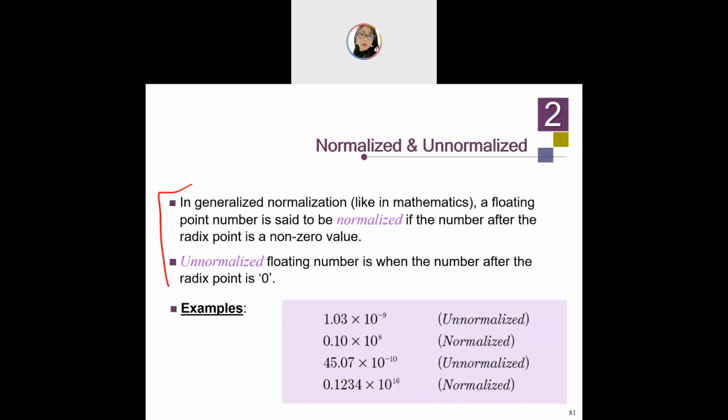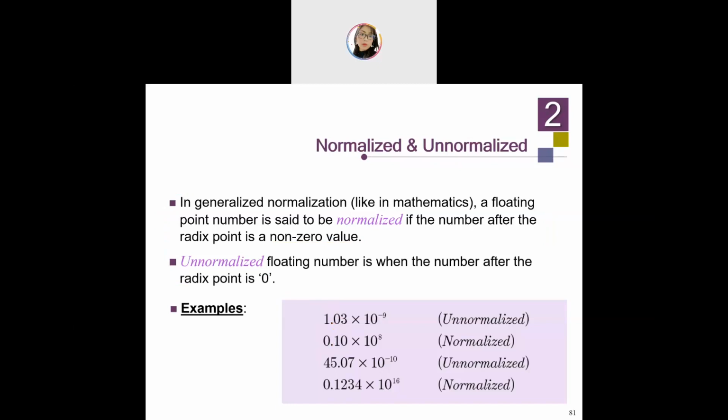This is for the normal standard. For normalization, after your radix point, it will be non-zero. But if it is unnormalized, after the radix point it is going to be 0. So it's easy for you.